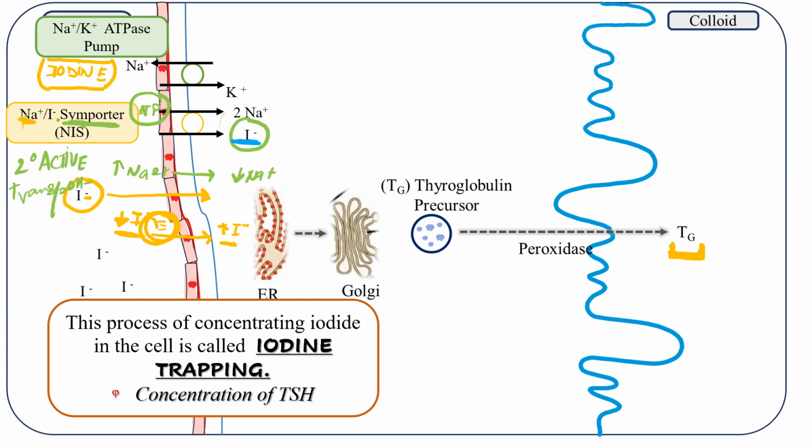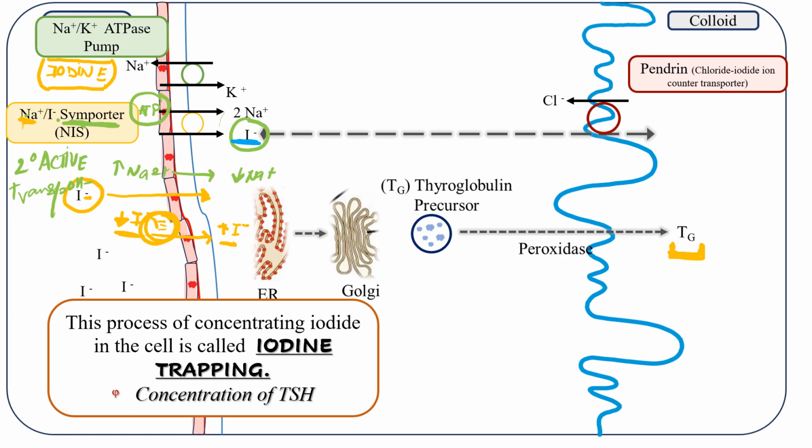Now this iodide, once it is inside the thyroid follicle, it would want to go into the luminal side. So how does this happen? We have another protein called pendrin. What is pendrin? It is the chloride iodide ion counter transporter.